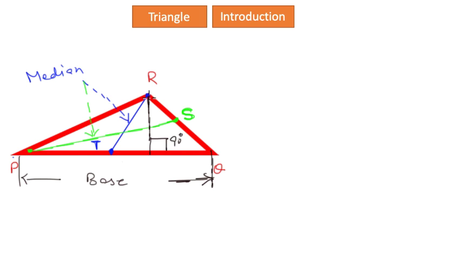The vertex R meets the line segment PQ at some point, let's say point M, such that the line segment RM makes a 90 degree angle with the base, then this is called the height, or you can denote it as H, or it is also called an altitude of triangle PQR with reference to the base PQ.